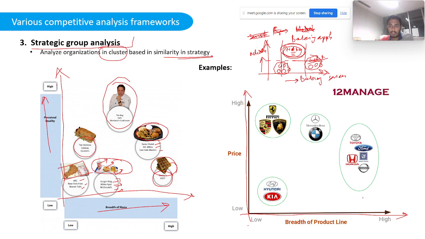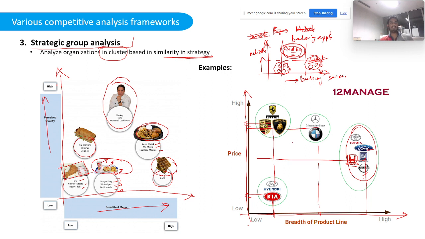We can see companies like Toyota, Ford, Honda, Nissan have a broad product lineup and an average pricing, but companies like Hyundai and Kia have fewer options, and their prices are lower. Again, there are companies like Ferrari who have a small number of products, but they are very expensive. Then we have BMW, Mercedes Benz, who have a medium line of products, and they are also very expensive.